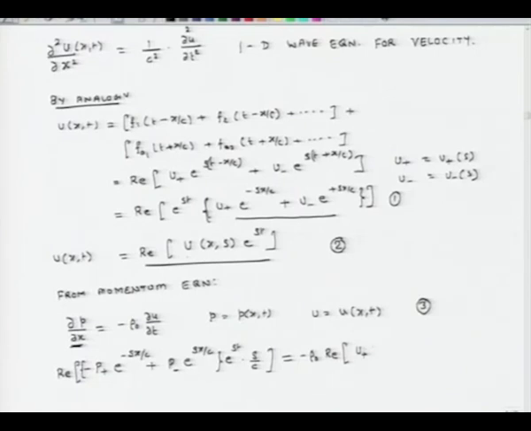u plus e to the power of minus s x over c plus u minus e to the power of s x over c, this entire thing times s e to the power of s t, the whole thing in rectangular brackets.